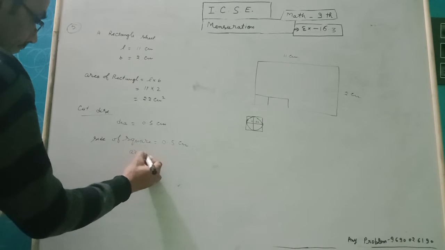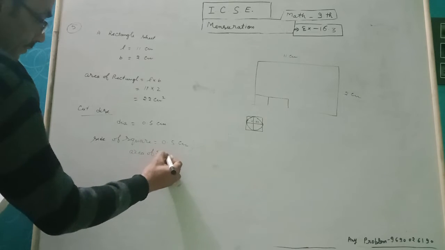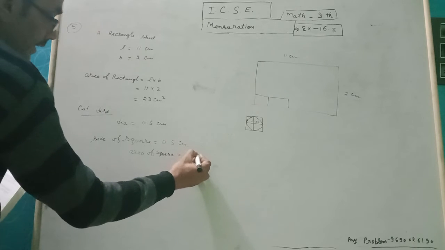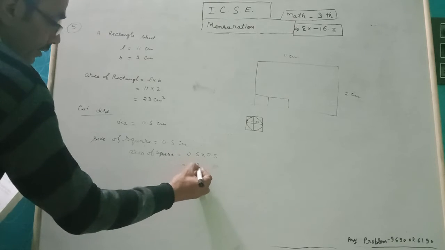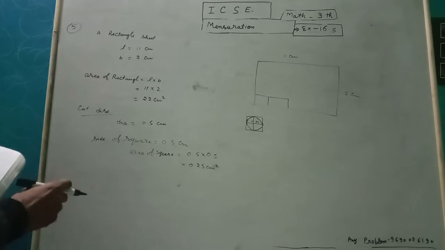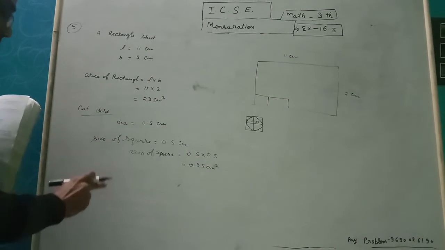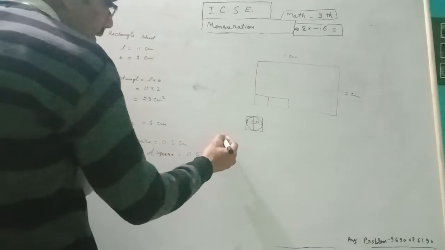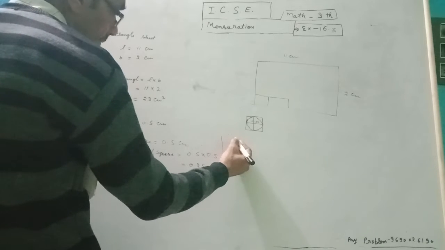Area of square, side into side, 0.5 into 0.5, 0.25 centimeter square is the area of one square, which is cut by a circular disc whose diameter is 0.5 cm.